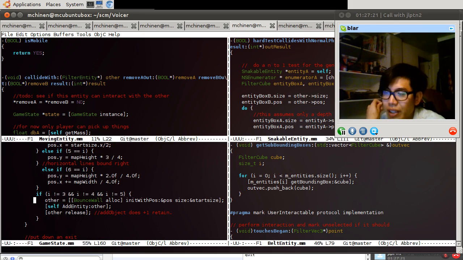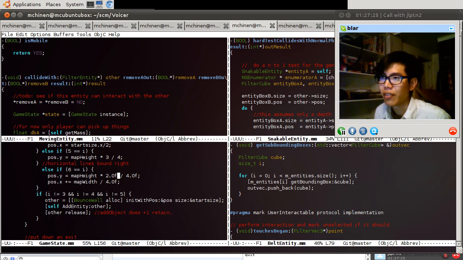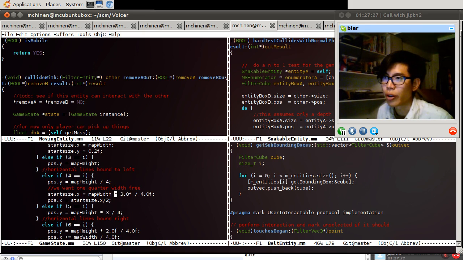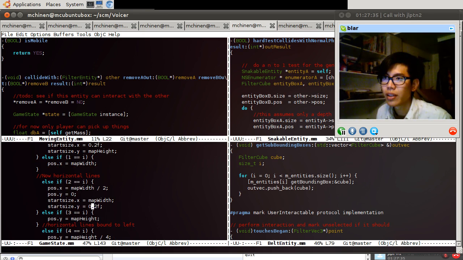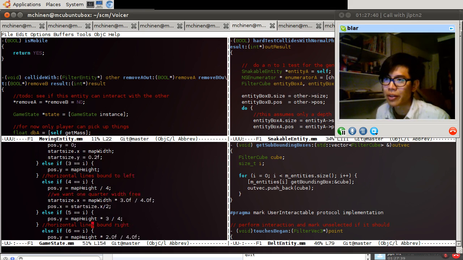Anyway, 6 is definitely one that we don't want to draw. 5 also, because it's the 3/4. 4 also. So 4, 5, and 6. Yeah, so see, 2 and 3 are top and bottom.